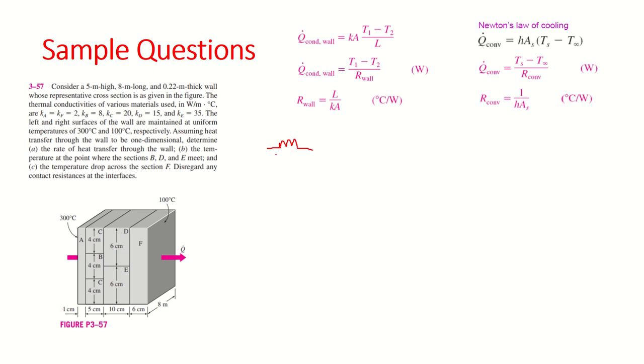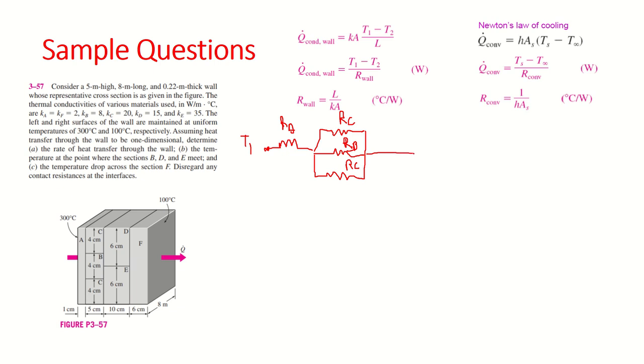This is for part A. Initially we will start with the temperature T1, which is given. We are going from left to right. So this is RA, the resistance for material A, which is in series. Now you can see there is a parallel connection. B is connected in parallel with C, so RB and RC.